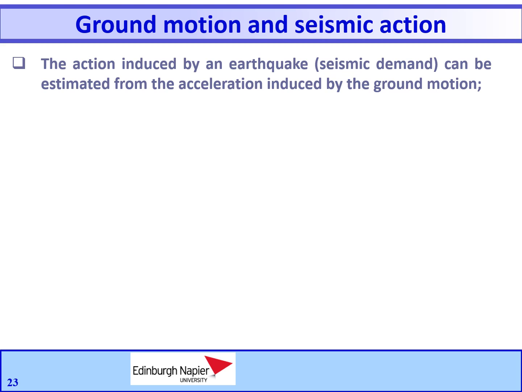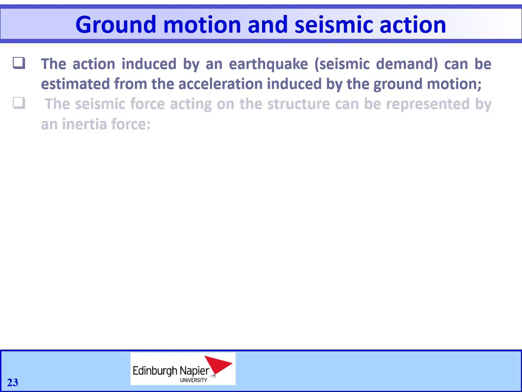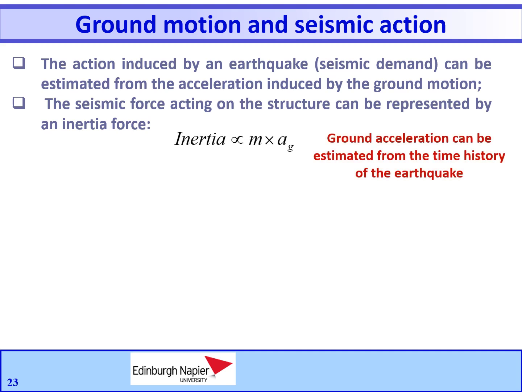The action induced by an earthquake, the seismic demand, can be estimated from the acceleration induced by the ground motion. And going back and thinking about how D'Alembert's principle is applied, the seismic force acting on a structure can be represented by an inertia force.